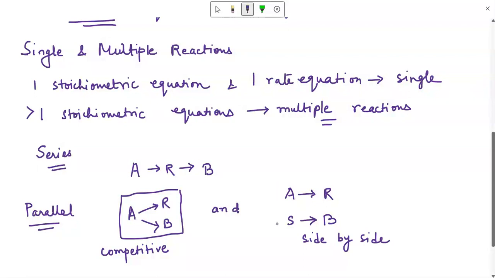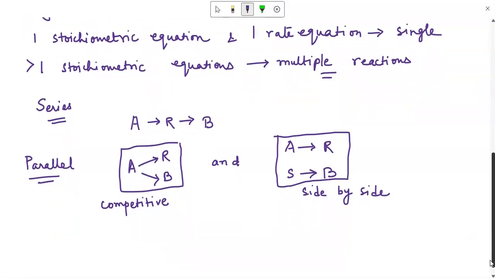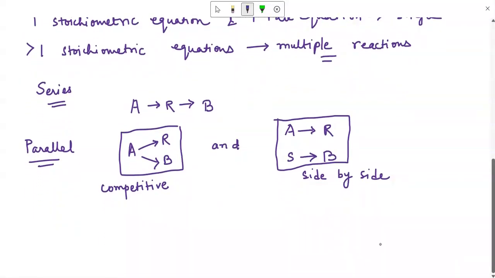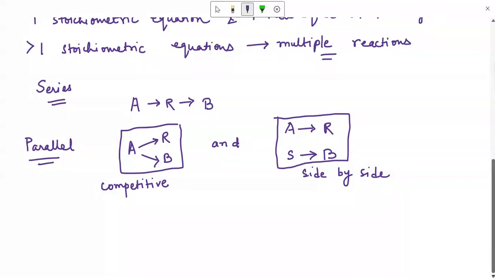This also falls in the category of parallel reactions. There may be more complicated schemes of reactions, but more or less these two types, series and parallel, are the important types of multiple reactions that you would like to know about. With this, we understand single and multiple reactions.